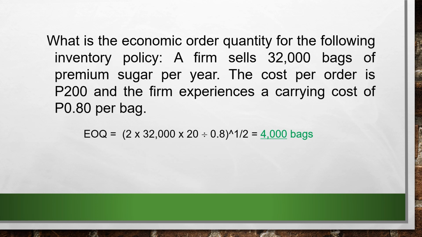The formula is pretty straightforward. Just substitute. EOQ is the square root of 2 times 32,000 times 200 divided by 0.80. We take the square root of that and we have our answer, 4,000 bags. So our optimum order size would be 4,000 bags.